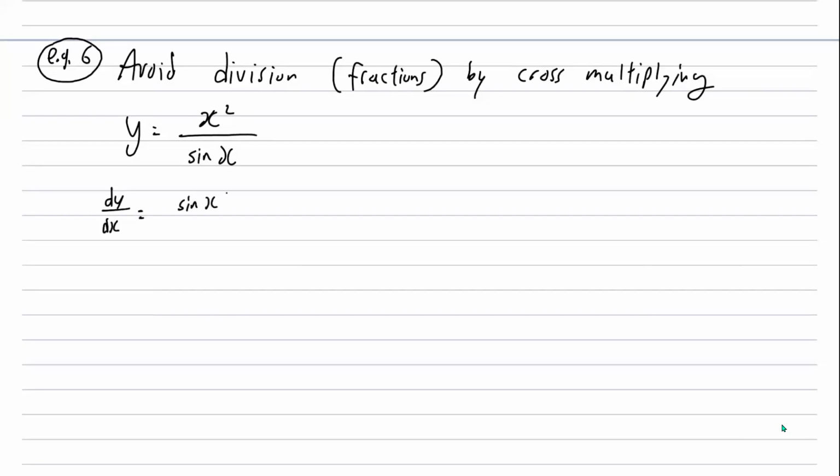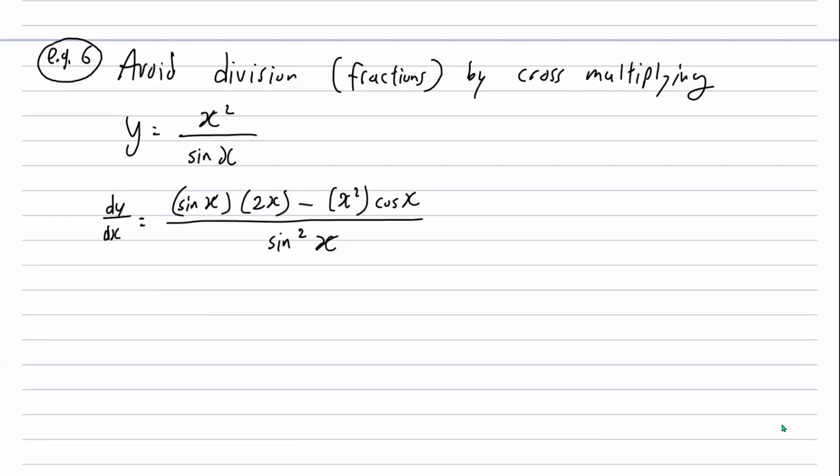Bottom d top, differentiate x squared, get 2x, minus top x squared d bottom, which is cosine x, all divided by bottom squared. Low d high, less high d low, draw the line and square below. Low is sine x, high is x squared. Like this, right? Is there a faster way? Actually, this one is also pretty fast. This example is simple enough.